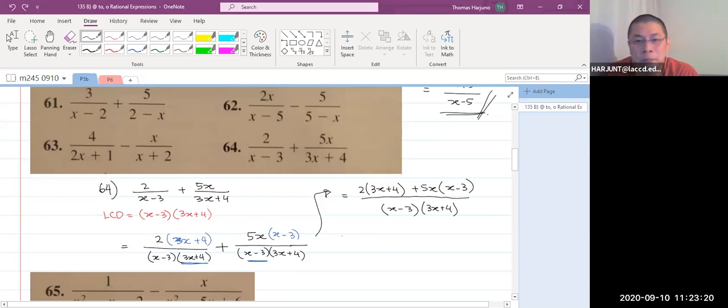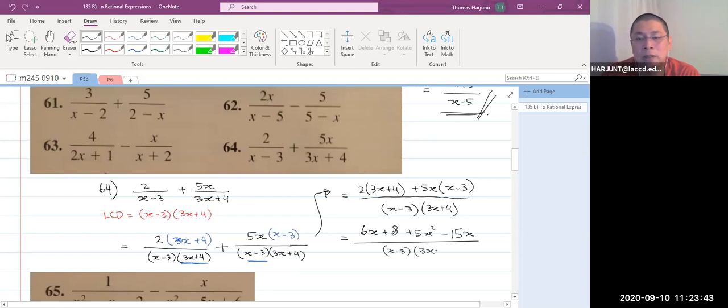What I will do next is distribute. We'll get 6x plus 8 plus 5x squared minus 15x. The denominator is already in factored form, so I leave it like that.